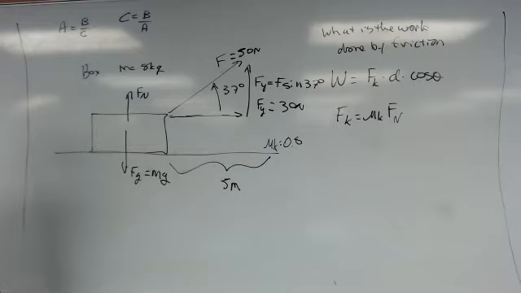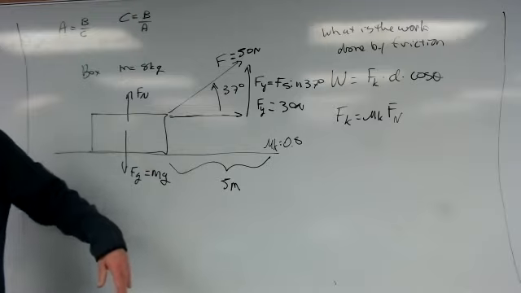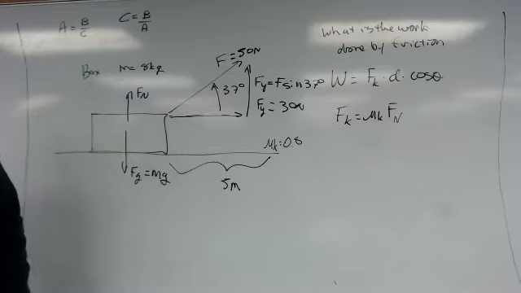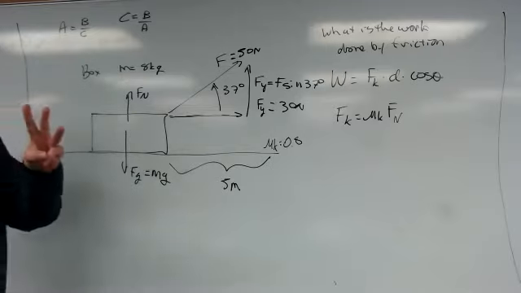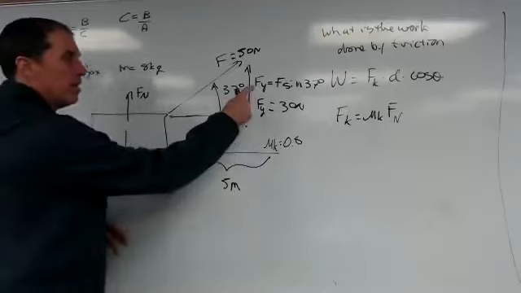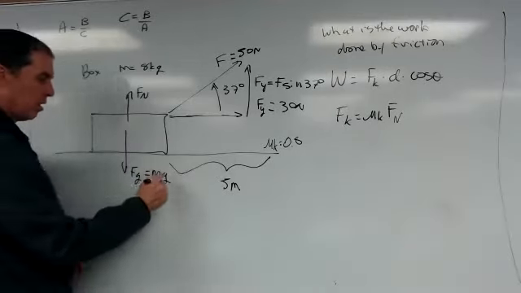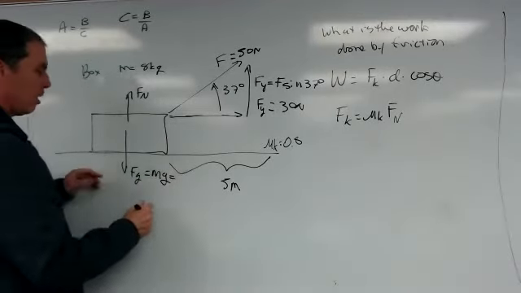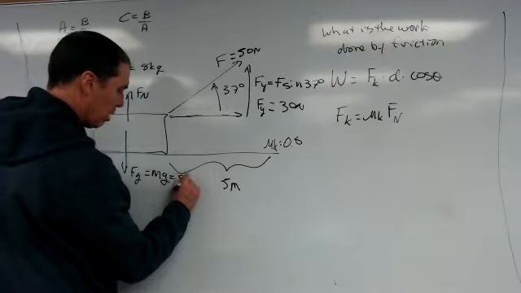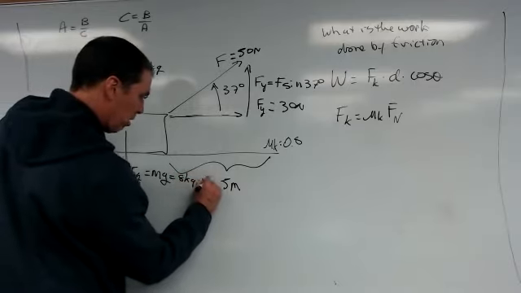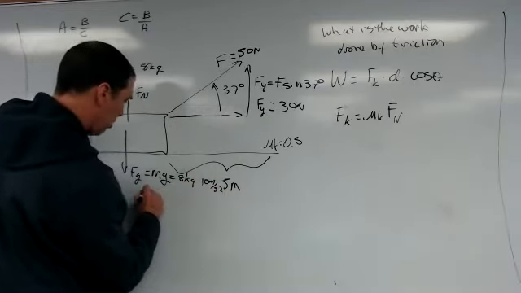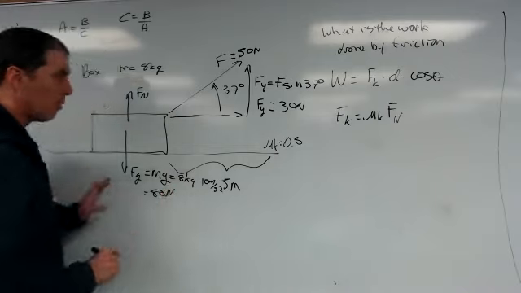It's not moving in the y direction. There's no acceleration in the y direction. So if I add up all the forces in the y direction, they have to add up to 0. I have 3 of them, right? I have this one, and this one, and this one. And what did we say the mass of the box was? 8 kilograms. So 8 kilograms times 10 meters per second squared, this guy is 80 newtons.